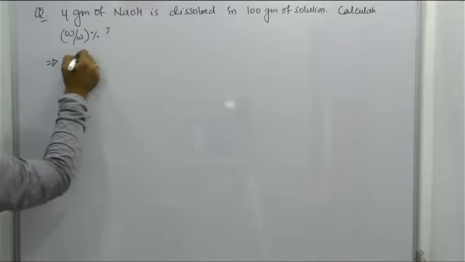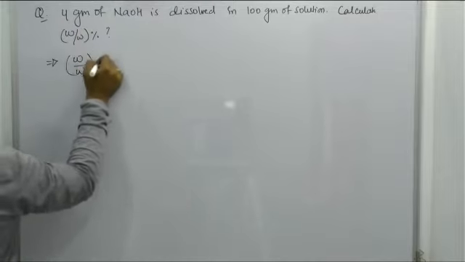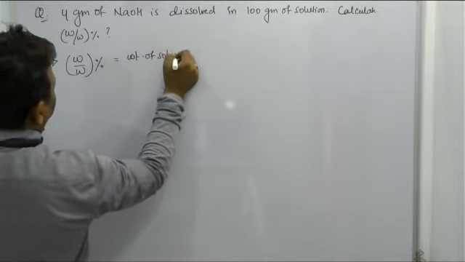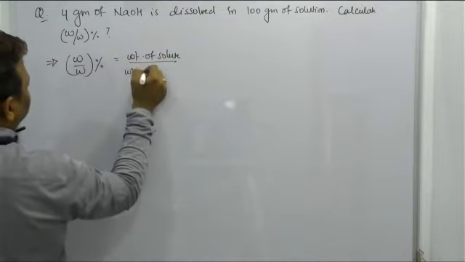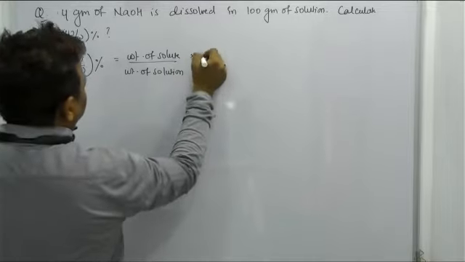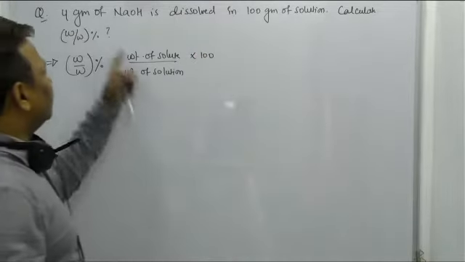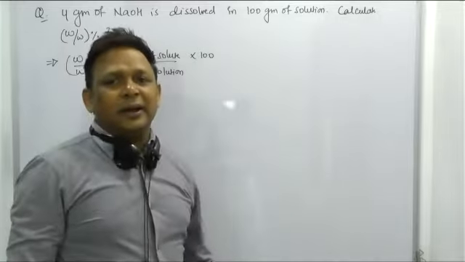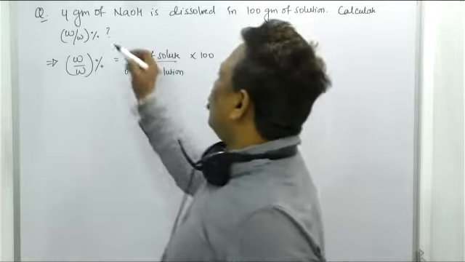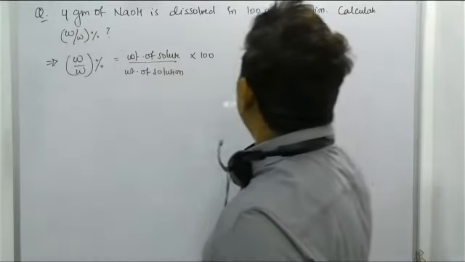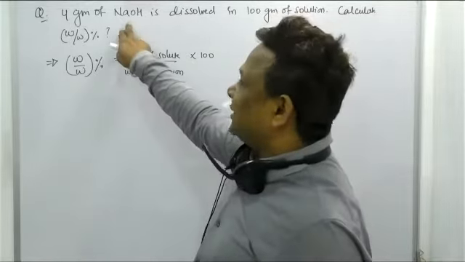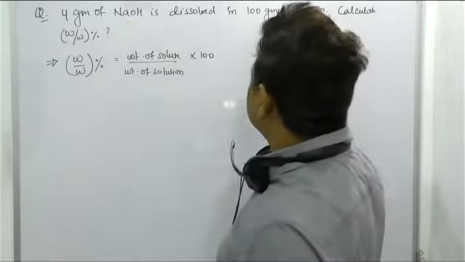So beta, we know the formula. Weight by weight percentage is equal to weight of solute by weight of solution into 100. But in this statement, just try to identify what is a solute and what is a solution. 4 gram of NaOH dissolved in 100 gram of solution. So here it is the weight of the solute and this is the weight of solution.